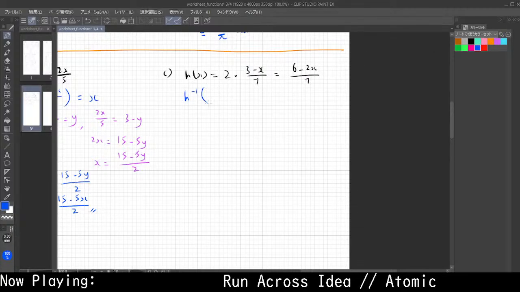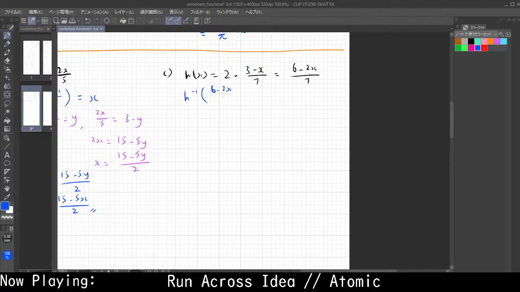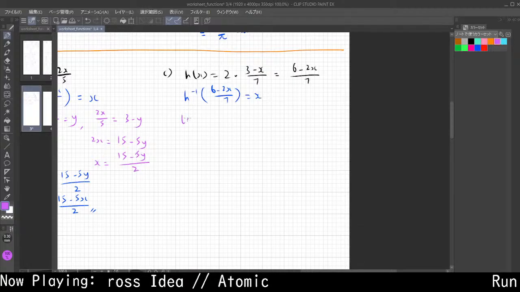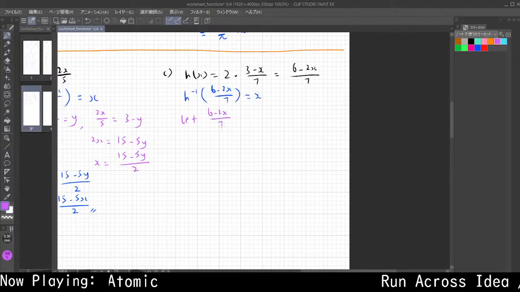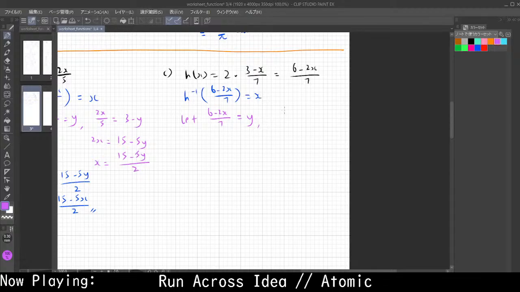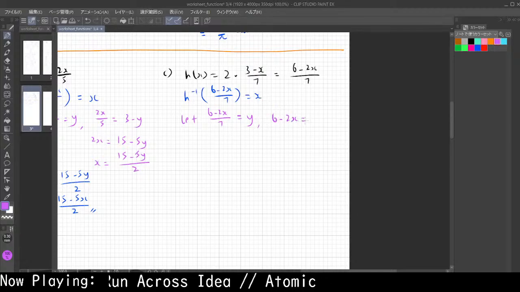Your h inverse 6 minus 2x over 7 will be equal to your x. Same thing, let 6 minus 2x over 7 be equal to y. Rearrange: 6 minus 2x equals 7y.